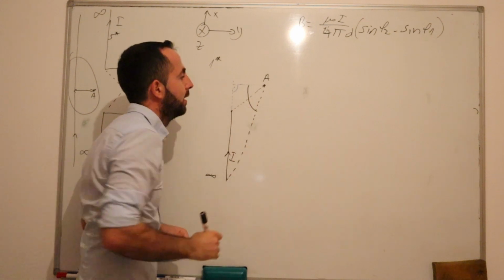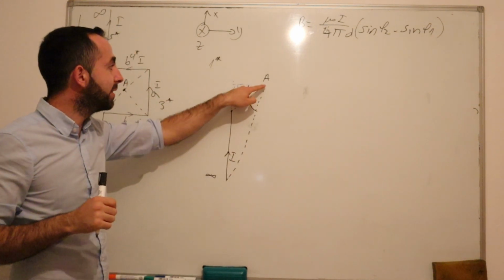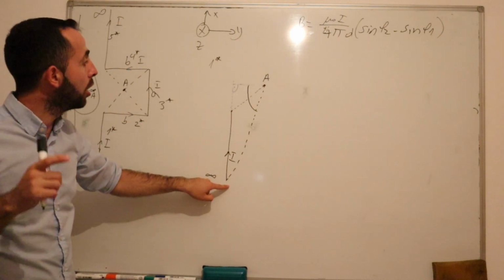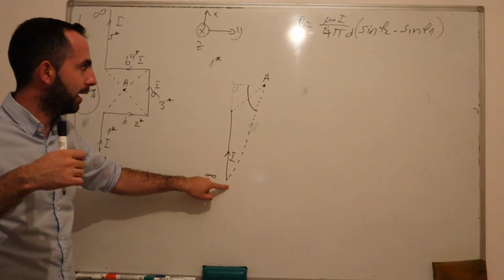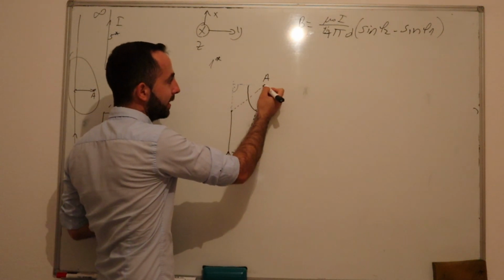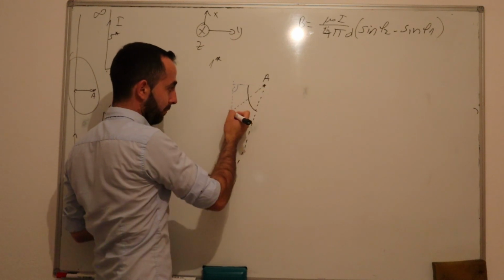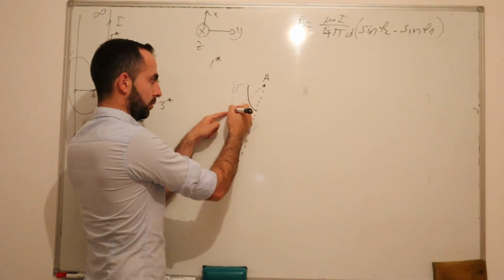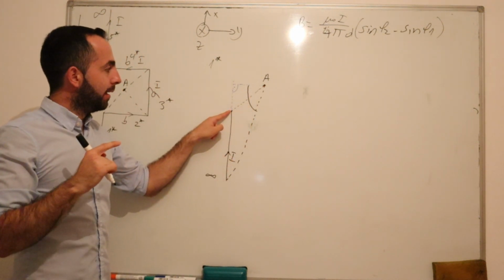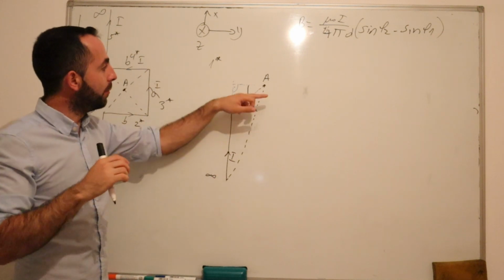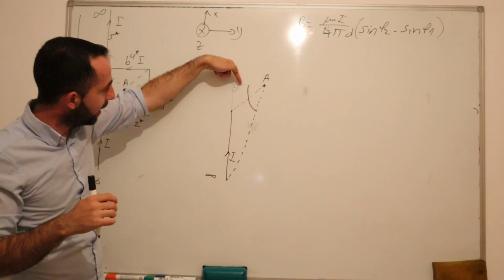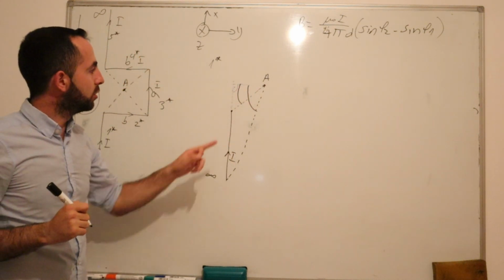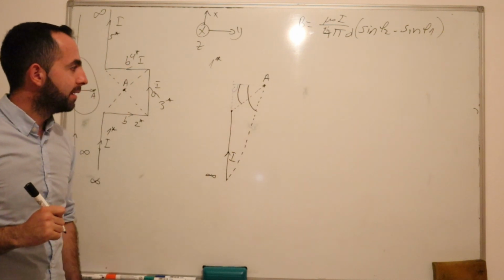This is our angle, and it is always from this distance, which is normal to the conductor, to the beginning of the conductor or to one end of the conductor. The second angle we get when we connect this point to the other end of the conductor. This is the first end, this is the second end of the conductor. And once again, this second angle is from the same normal to this end. So this is one angle, this is the second angle.